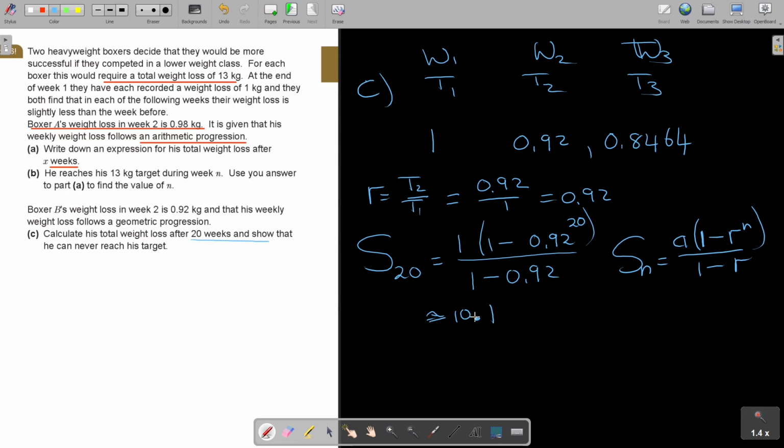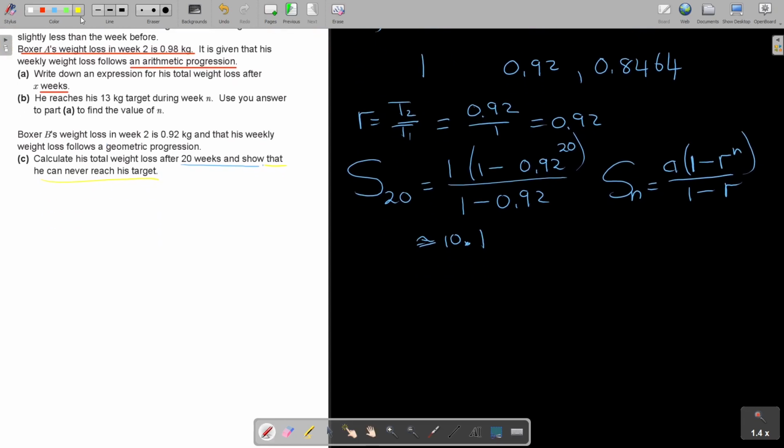Okay, that's what they asked me. But now this is very interesting. Show that he can never reach his target. So that already shows you infinity. That means it's going to go to a specific number and it cannot pass that number. So you must just think infinity. So let's work out the sum to infinity, and that, remember, is a over 1 minus r. So a is 1, over 1 minus 0.92.